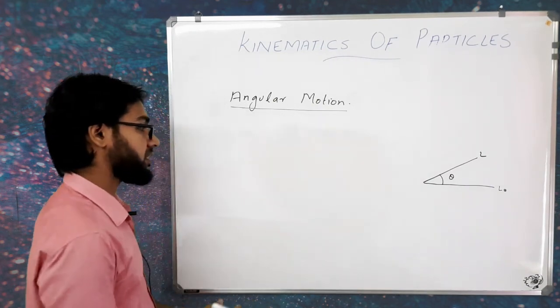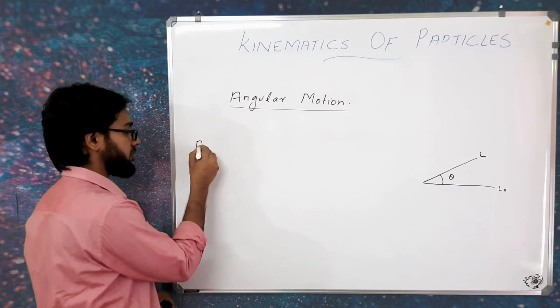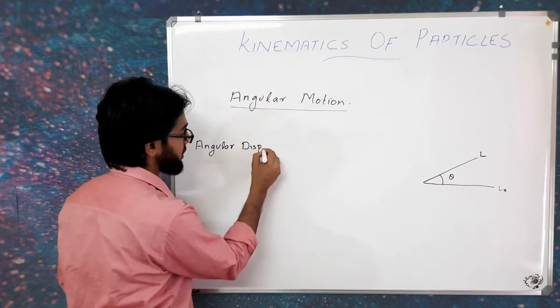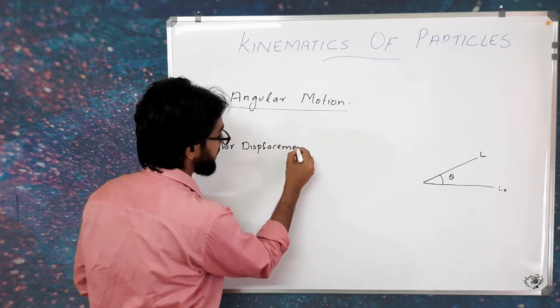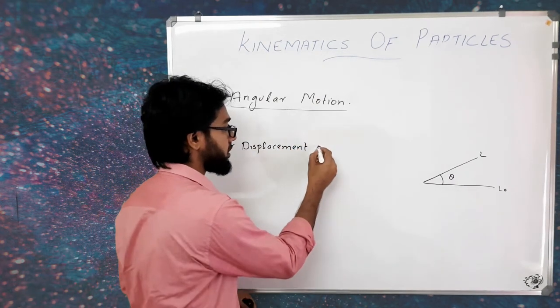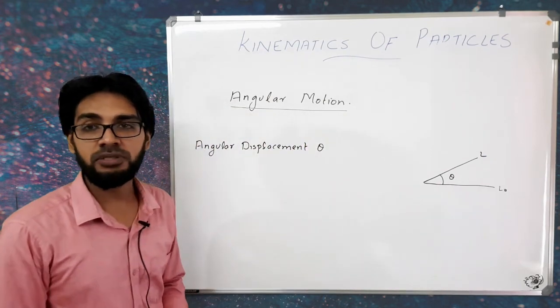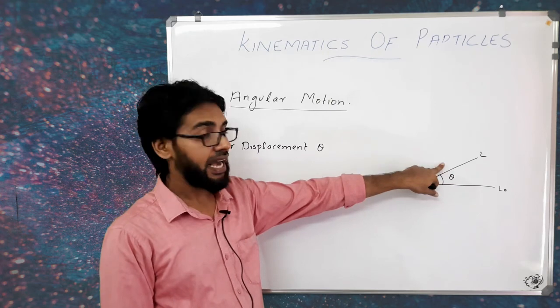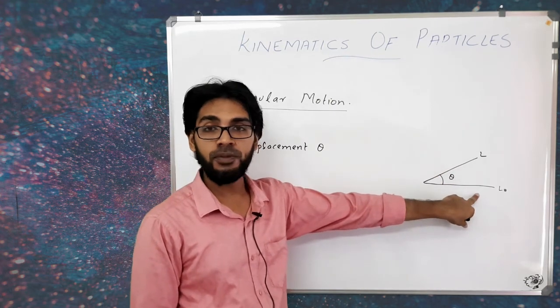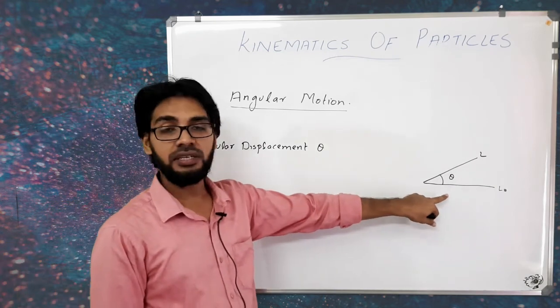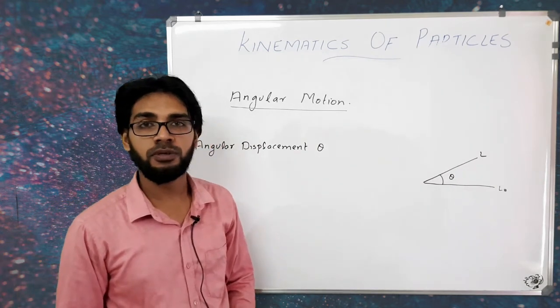In that case, the angular displacement theta, you must have heard of the term, is the angle through which the line L has rotated with respect to the reference axis. The units can either be radians, degrees or revolutions.